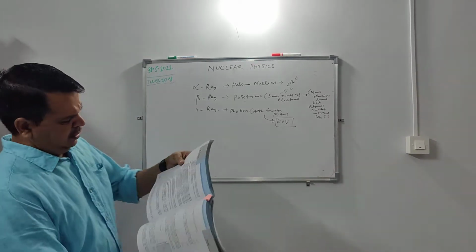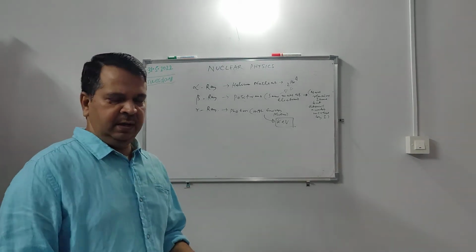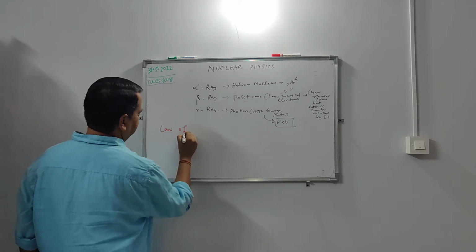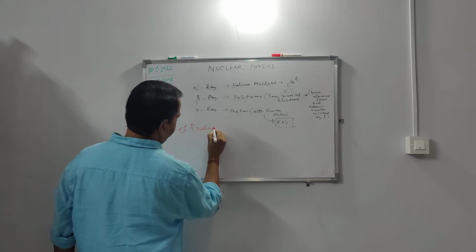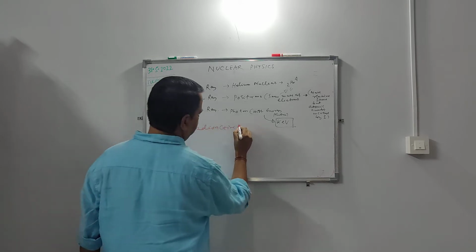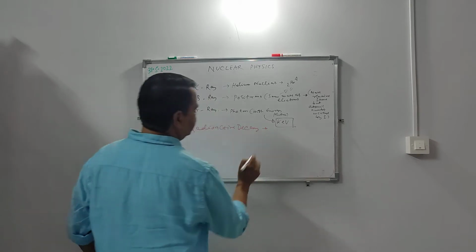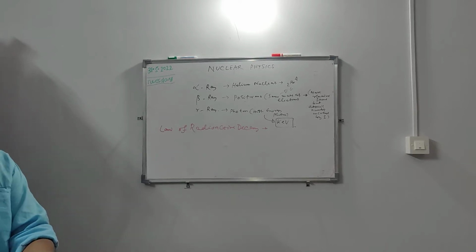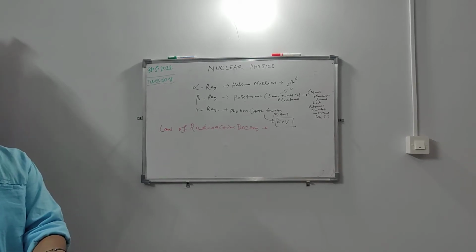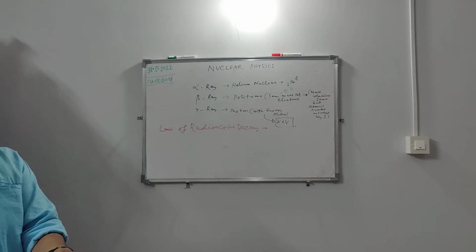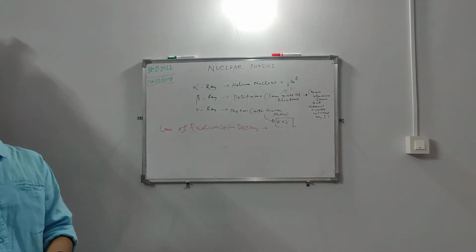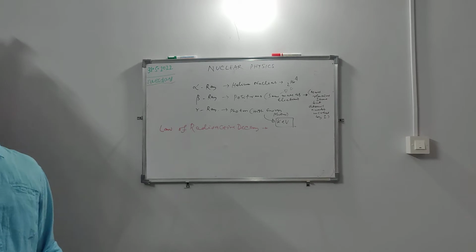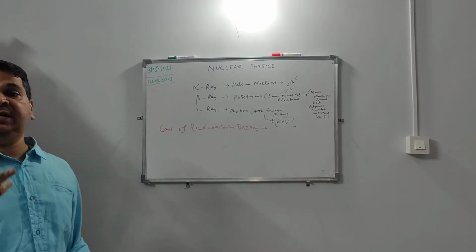Then we'll go to the law of radioactive decay. So the law of radioactive decay says the rate of decay is proportional to the number of atoms present at that point of time.